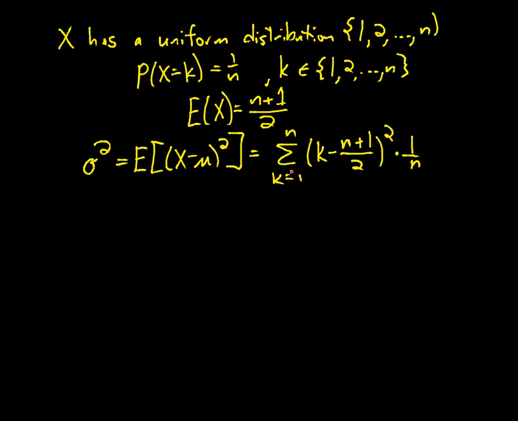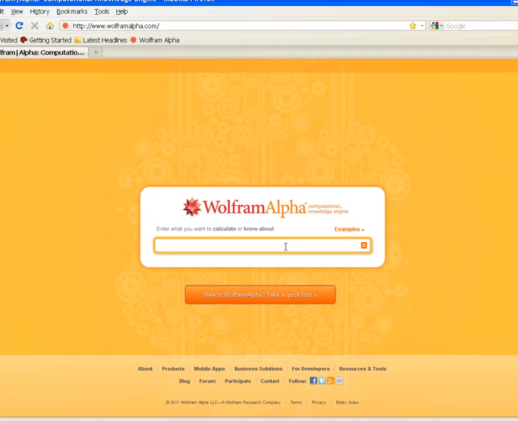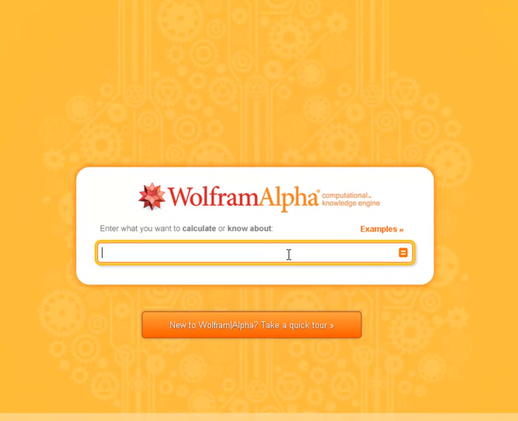Okay, now this is a little bit of a messy sum, so we're going to have to evaluate it using Wolfram Alpha. Let me pull that up. Okay, so I'm summing (k minus (n plus 1) over 2) squared times the probability that x is k, which is 1 over n.